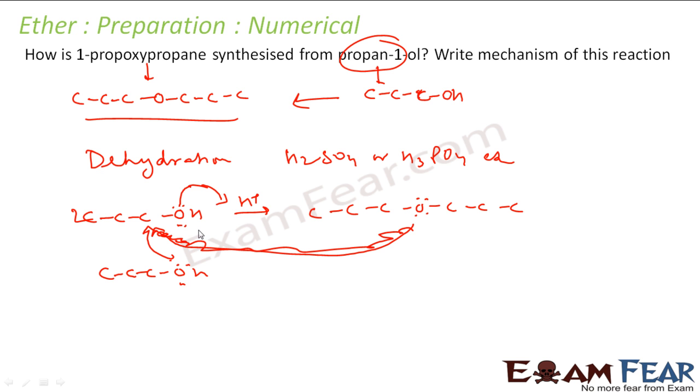And with that, water will go off and this hydrogen will also go off and form 1-propoxypropane. We have seen this mechanism in the previous slides. If you have doubt, you can refer to that. First is the protonation, and once protonation is done, then is the nucleophilic attack.